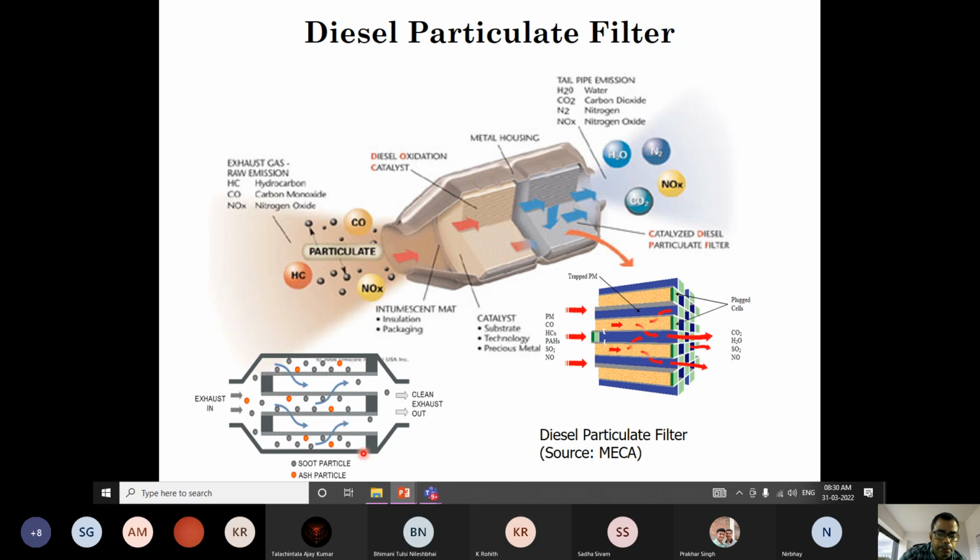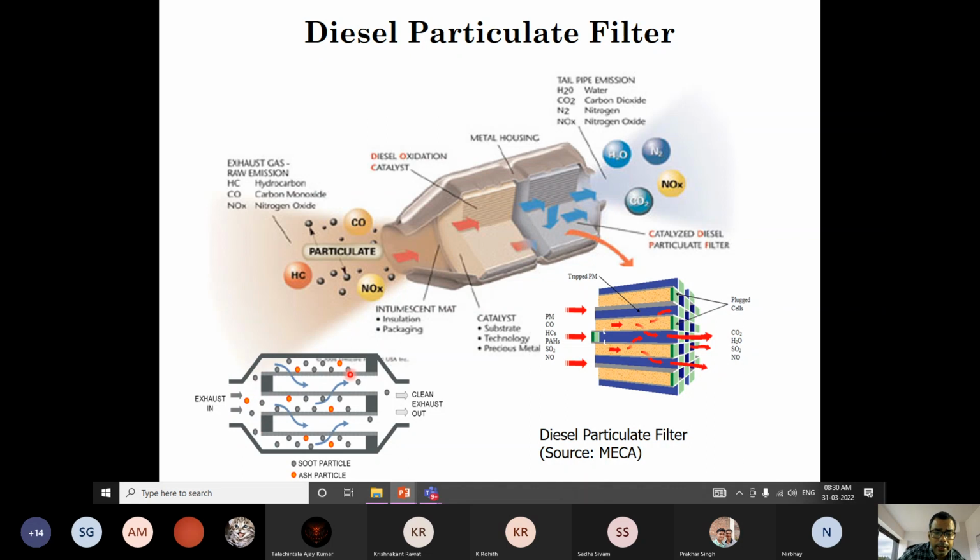But the most important thing, if you look very carefully, is that one end of the DPF is blocked here, and the next channel is blocked at the entry level. Alternately, each channel is either blocked at the end point or at the entering point.